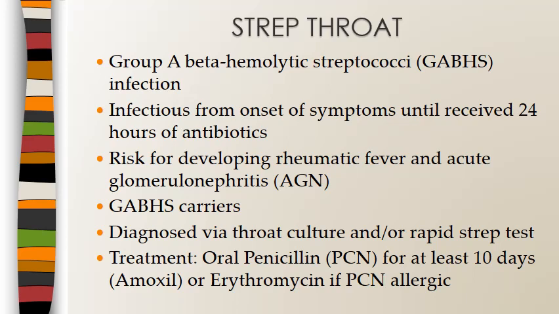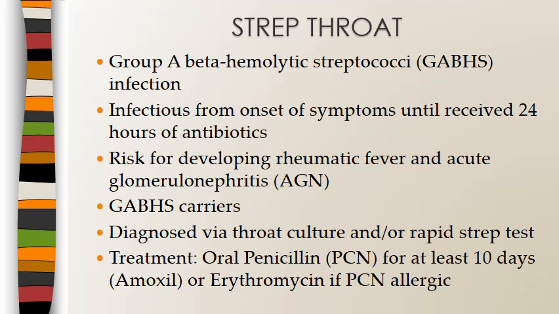If the rapid strep test is positive, then you don't have to send the throat culture. However, if the rapid strep test is negative, we do send the throat culture because sometimes the culture grows out the bacteria that the rapid strep test did not detect.